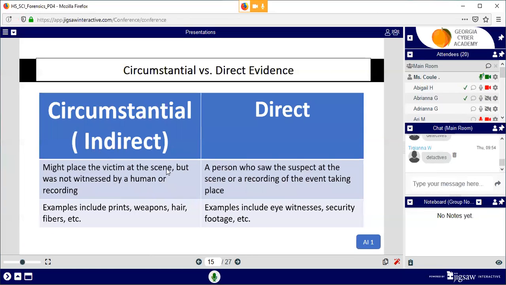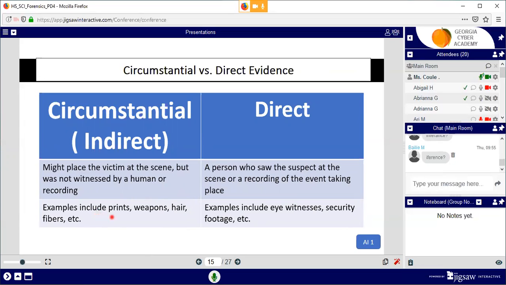What's that word that means like a hypothesis that we use in forensics? Starts with an I. It's like an educated guess. Yes, inference. There we go. All right, so it helps to draw an inference, but it's not a witness or recording, okay? And this would include pretty much anything, right?